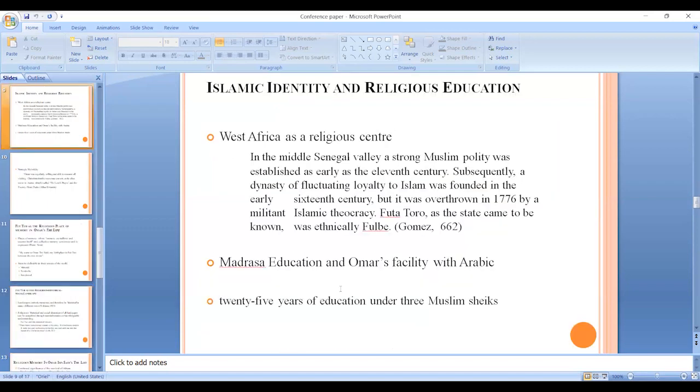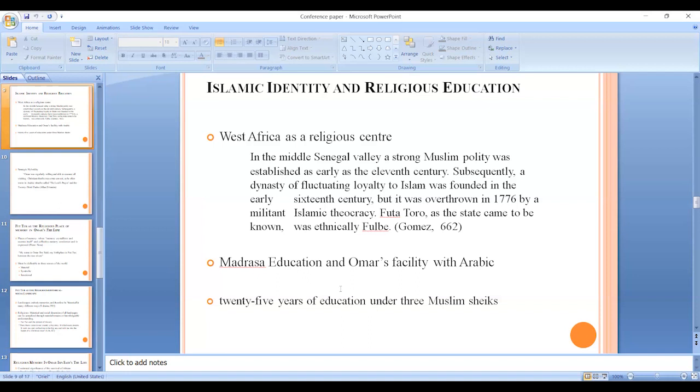And the very first point about his narrative that I came across was that his Islamic identity and religious education became a very important factor shaping his experiences on the slave plantation.